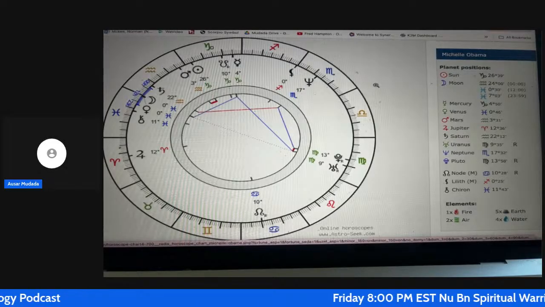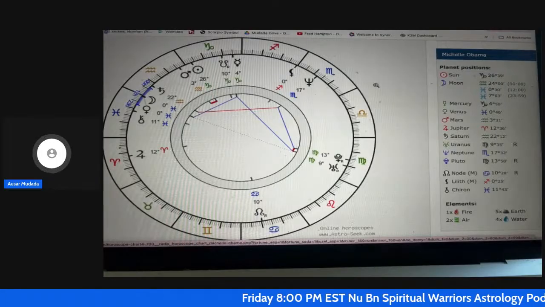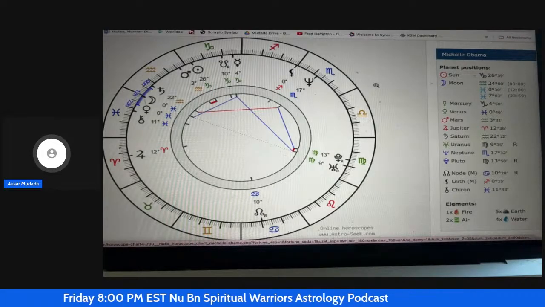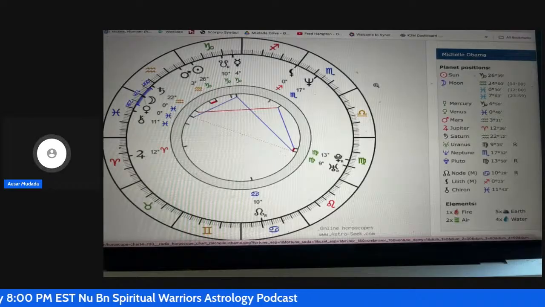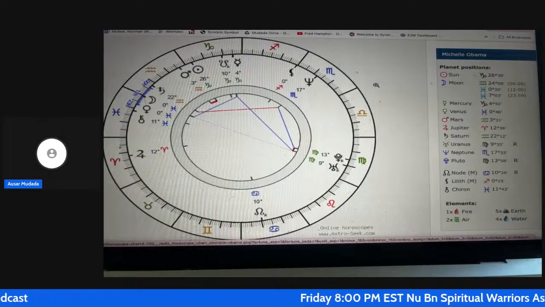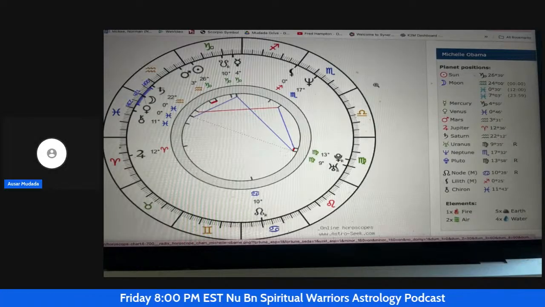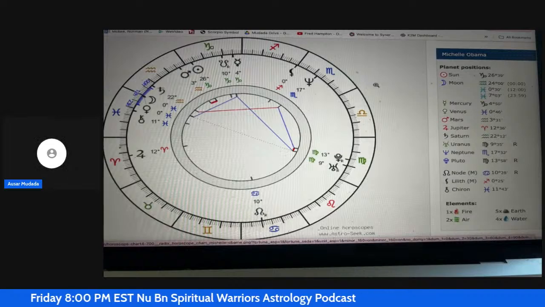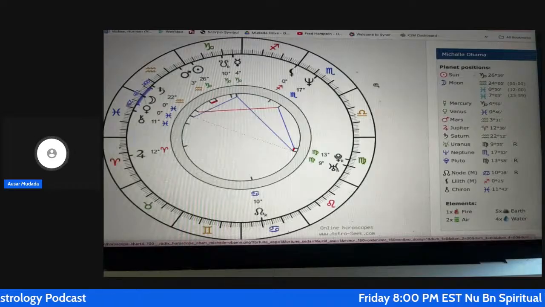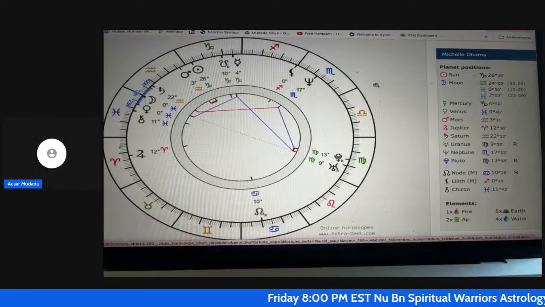Okay, can somebody put what house it is in the chart? What house is Saturn in? Okay, some say the 12th house.